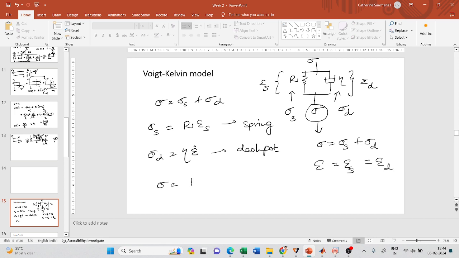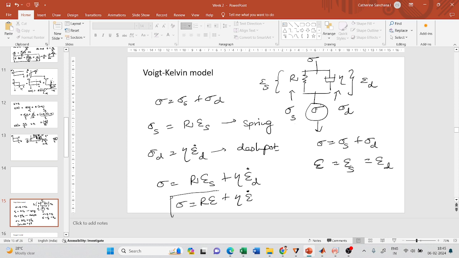Sigma is equal to R into epsilon s plus eta into epsilon d dot. Instead of epsilon s and epsilon d, I can simply substitute using epsilon. So sigma is equal to R into epsilon plus eta into epsilon dot. So this is my constitutive equation.